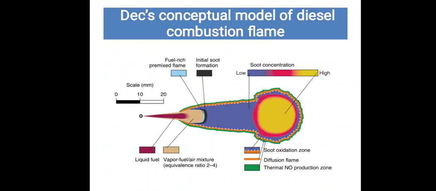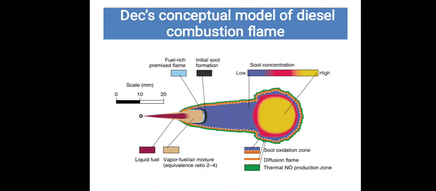Beyond the vapor fuel air mixture zone, the rich premixed fuel and air continue to be heated until they react in the rich premixed reaction zone. The products of rich combustion continue downstream and enter a diffusion flame sheath where they get further heated and reactions are initiated that consume all the local oxygen.